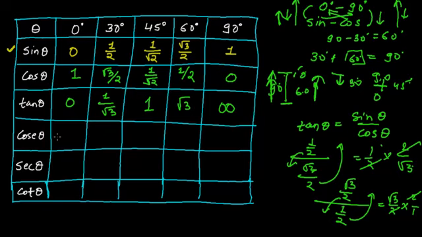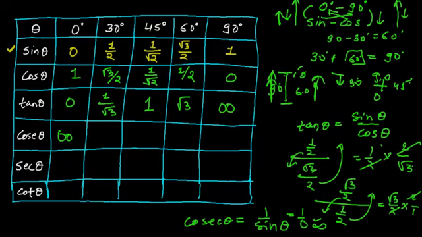come here, cosec theta. We know cosec theta is just the opposite of sin theta, right? Cosec theta is always 1 upon sin theta, right? So cosec 0 will be 1 upon sin 0, 1 upon 0, again it is infinity, right? Let's write it properly. 1 upon 0 will be obviously infinity, right?